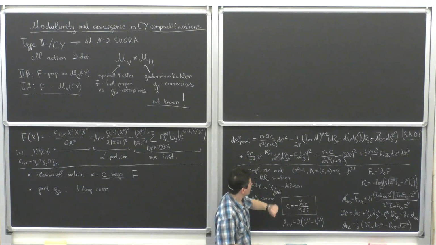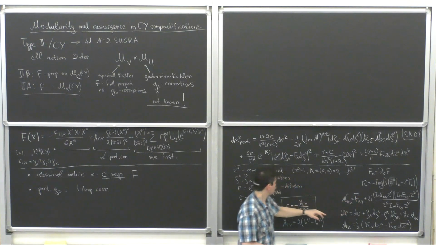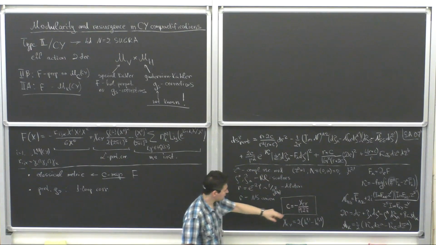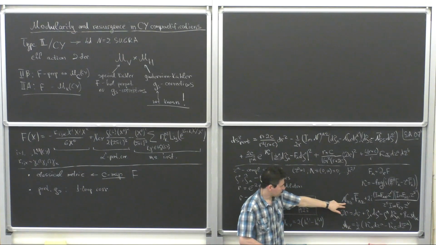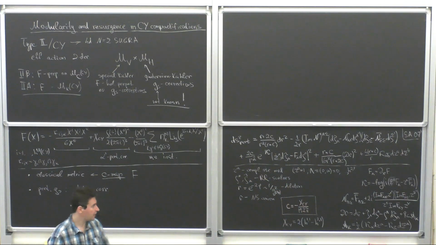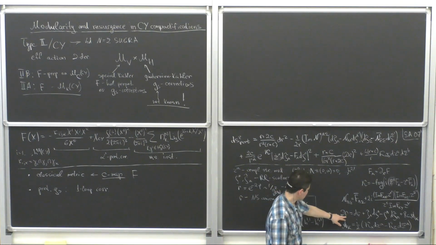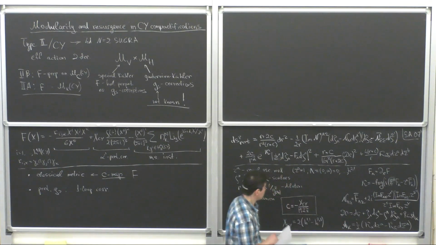And then, what else? K is the Kähler potential on this complex structure moduli space. This is the matrix, probably familiar to some of you, which encodes the couplings of the gauge fields. It also appears here. And then there is some non-trivial connection for the NS axion.